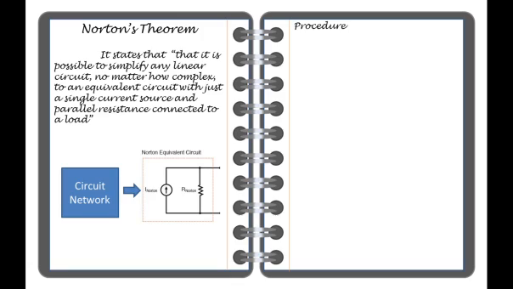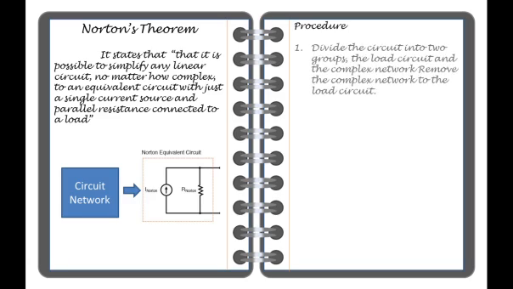Now, how can we apply Norton's Theorem? The procedure in applying Norton's Theorem is that first, we're going to divide the circuit into two groups: the load circuit and the complex network. The complex network is the one that we're going to simplify.